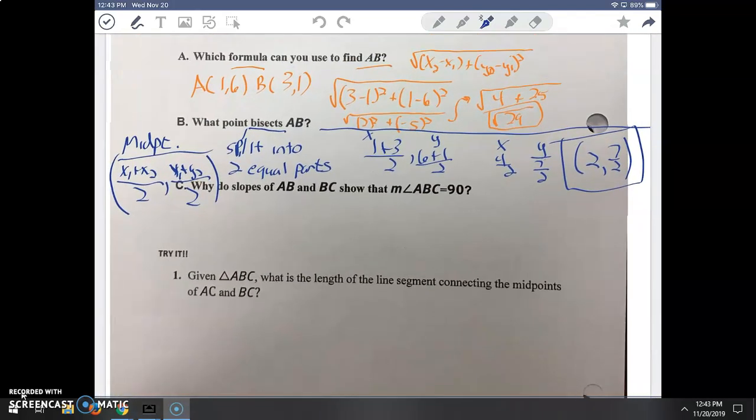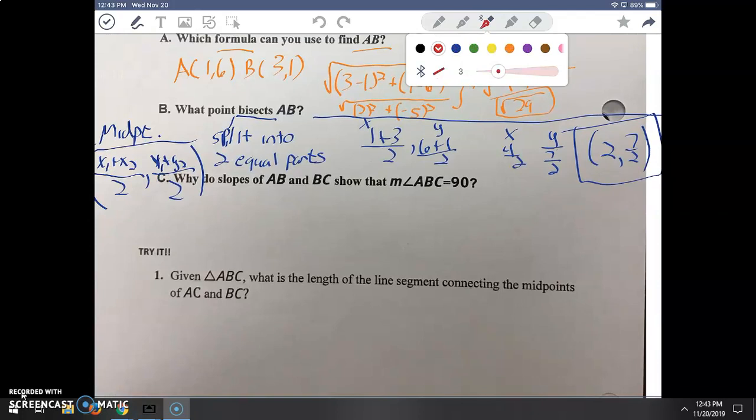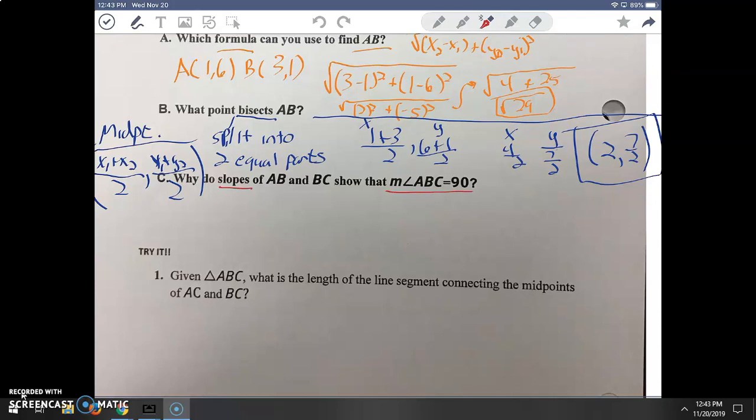Okay, so now the next part starts talking about the slopes that show that the measure of ABC is a 90 degree angle. Now to show that, we can find slopes. Remember, things being perpendicular creates a 90 degree angle.